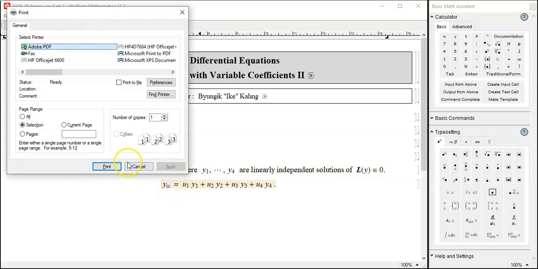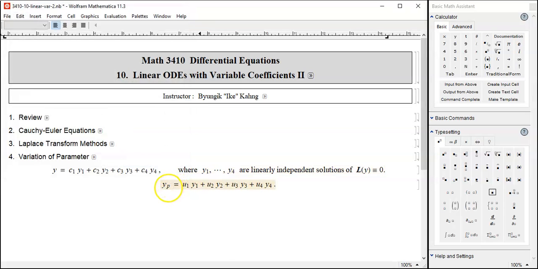But if you have y1, y2, y3, and y4, which are expressions of t, which are moving around, then maybe you can get yp. And that's another application of variation of parameter. In any case, the key is to change these coefficients of all this linear combination into parameters.